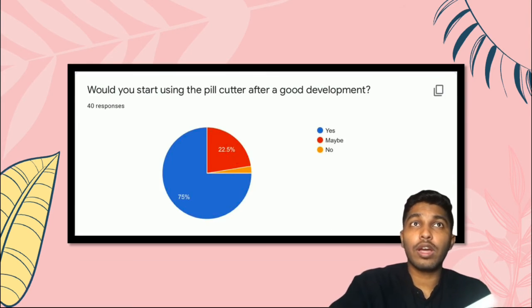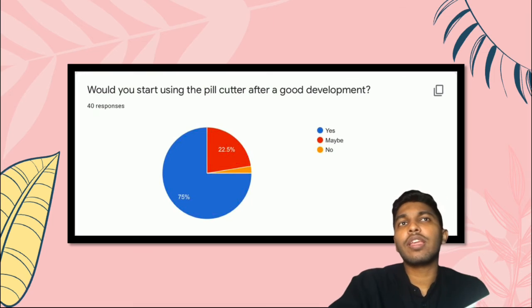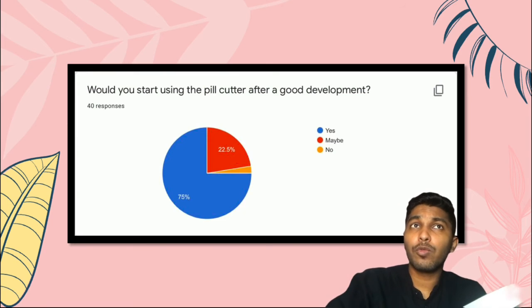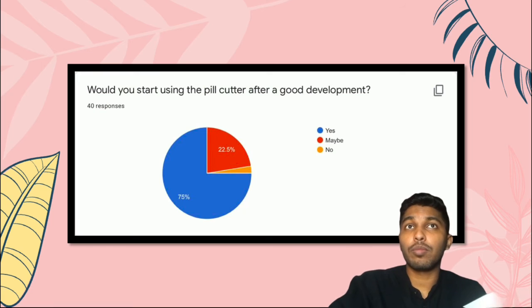And lastly, we asked the potential users whether they will start using a pill cutter after a good development, and 30 respondents said yes. Then 9 of them said maybe, and only 1 of them said no. And by this survey we get to know that our pill cutter will get a good reception from the potential users.